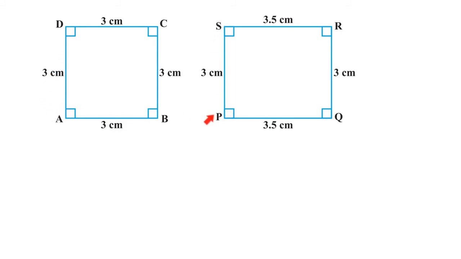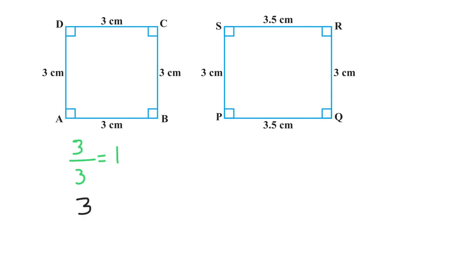And how much is that going to be? 3 by 3, which is going to be 1. So the corresponding side of AD, which is 3, and the corresponding side of PS is also 3. So we get 1.